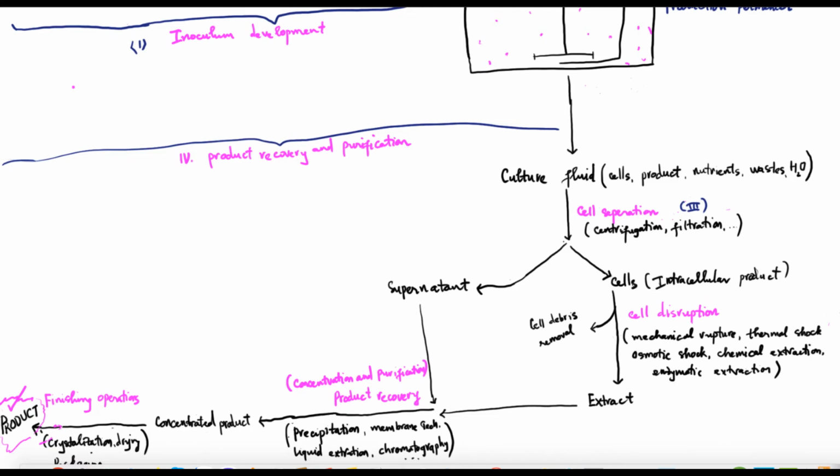For cell disruption, we can use mechanical, physical, chemical, and enzyme or biological methods.